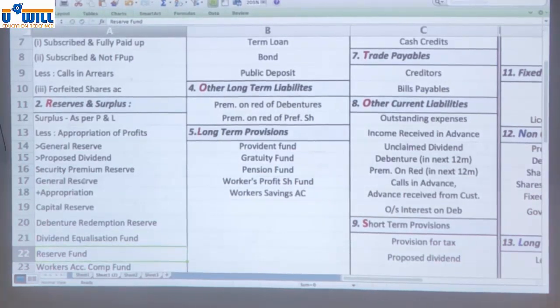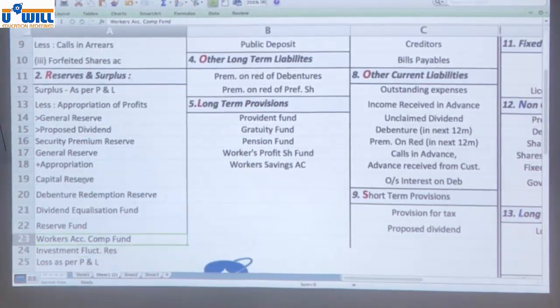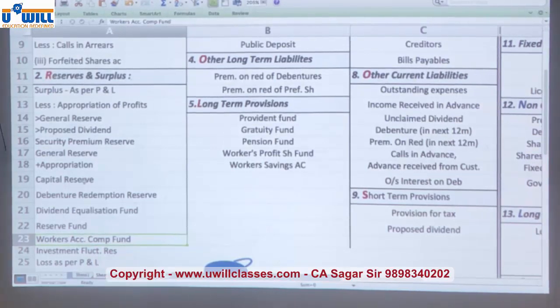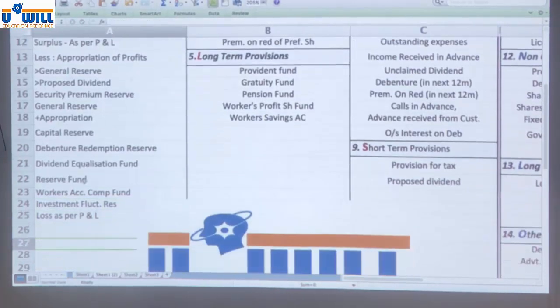Then reserve fund, that part of general reserve which is invested outside is known as reserve fund. जो कहीं invest कर दिया, उसको as it is business में रहने दिया नहीं है. Workman accident compensation fund. Is it new for you? Partnership में we have seen this. Okay. Then investment fluctuation reserve, investment fluctuation fund or investment fluctuation reserve.